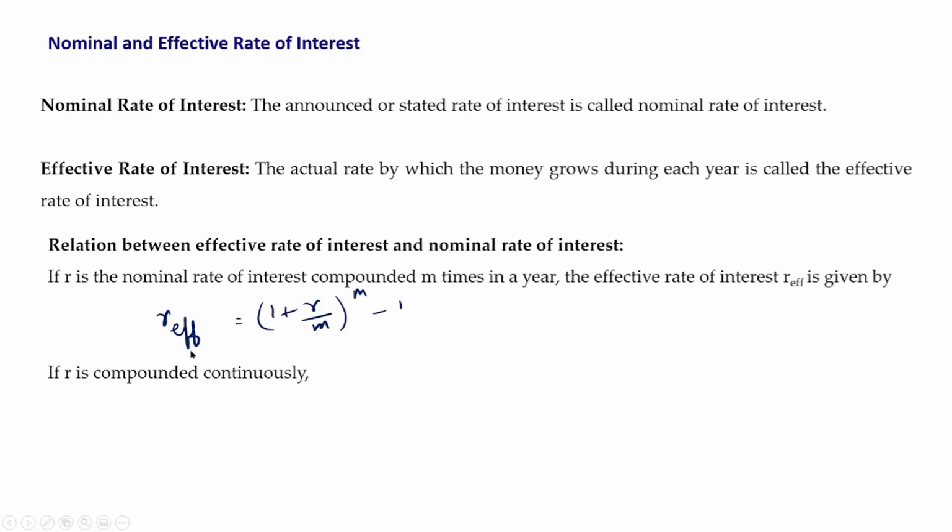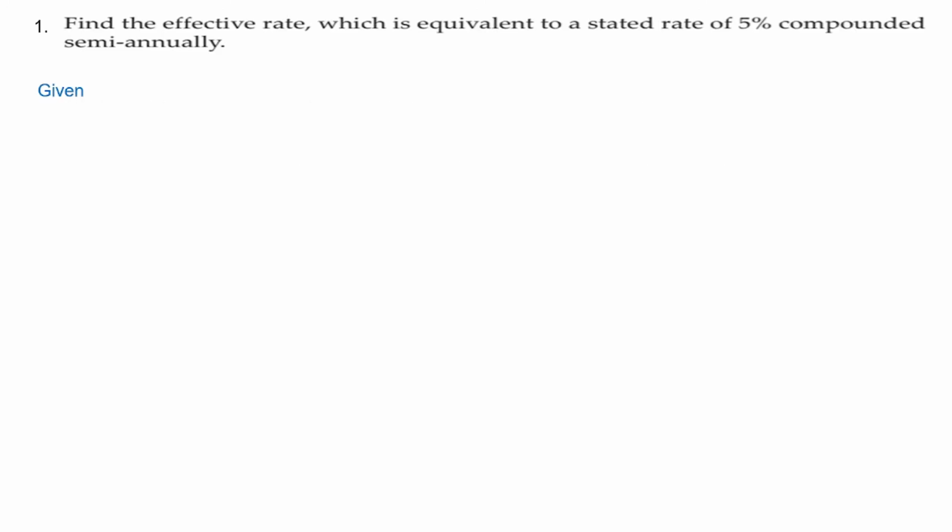If the nominal rate of interest is compounded continuously, then R effective is given by e raised to R minus 1. So these are the formulae that we have to study in rate of return and nominal and effective rate of interest.